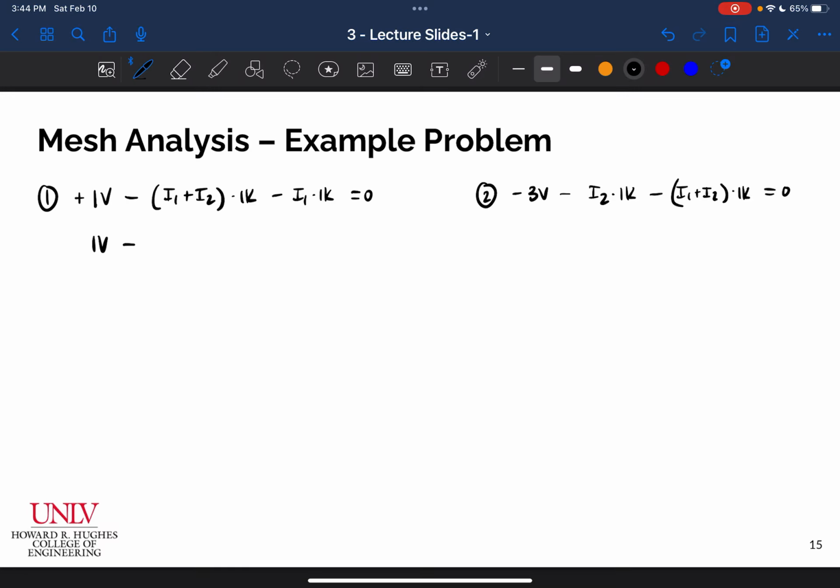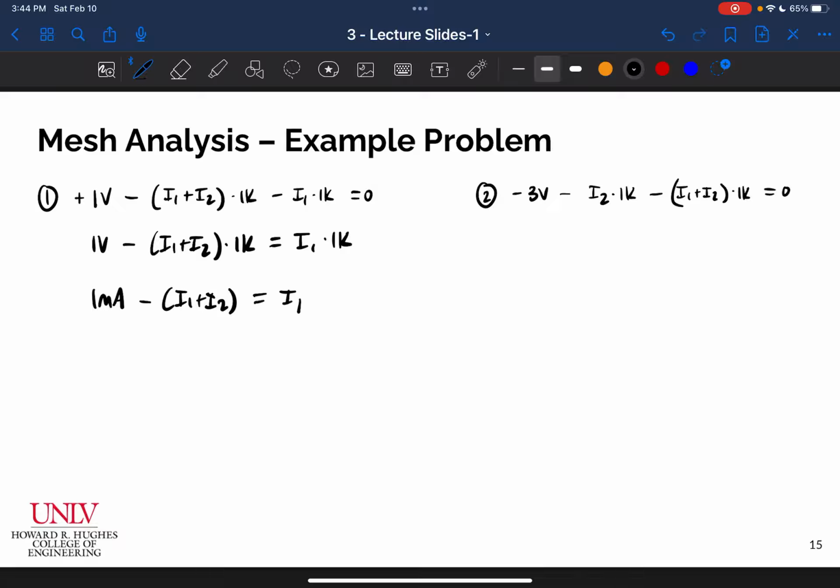So I'm going to get 1 volt minus I1 plus I2 times 1K equals I1 times 1K. Then I'll go ahead and divide everything by 1K just to make it easier. So 1 volt by 1K would give me 1 milliamp. That would give me I1 plus I2, because the 1K would cancel and I'd be just left with I1.